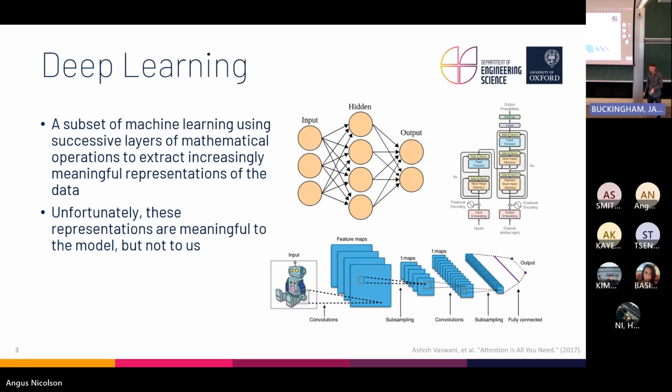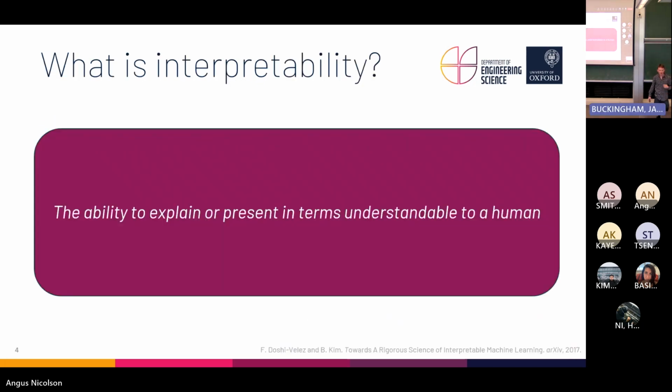Unfortunately, those representations are meaningful to the model and not to us, so we can't understand them. Interpretability is a very broad definition, but intentionally so: the ability to explain or present in terms understandable to a human. So can we try and understand how some of these models actually work?